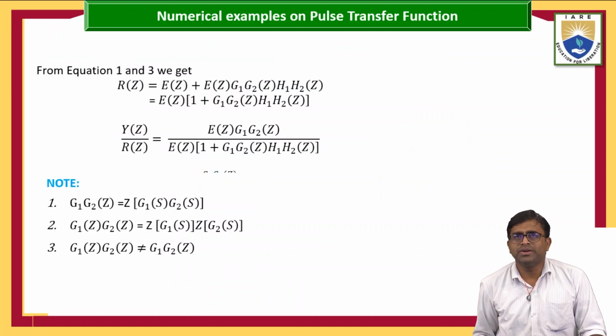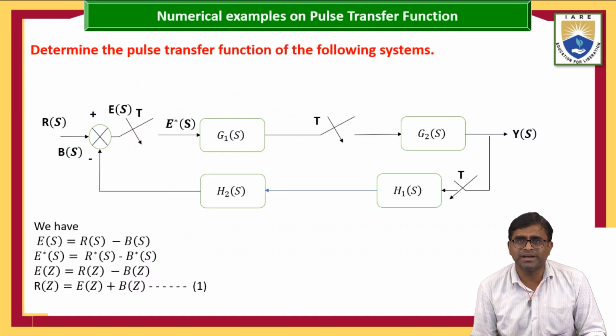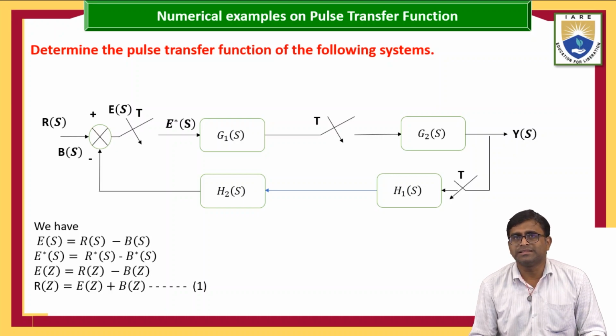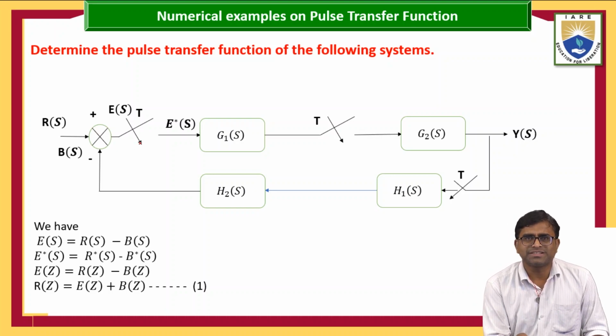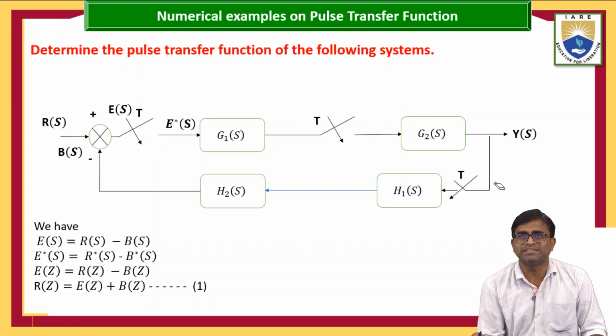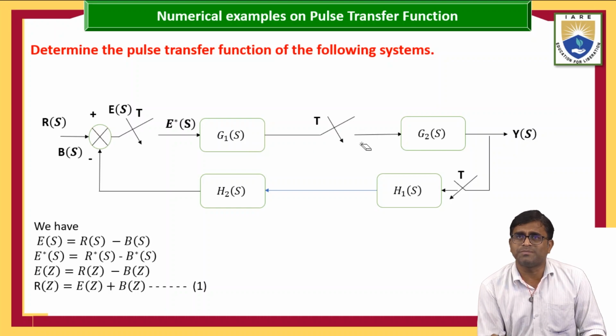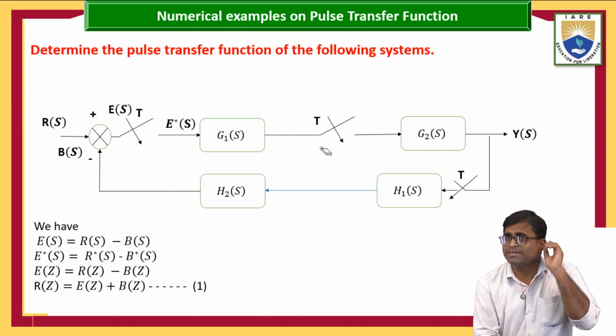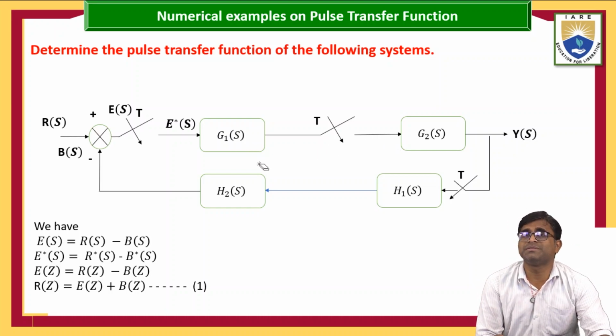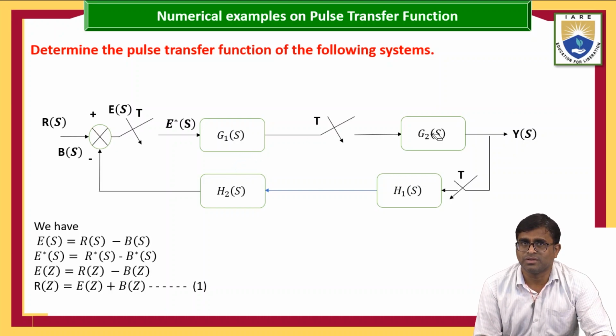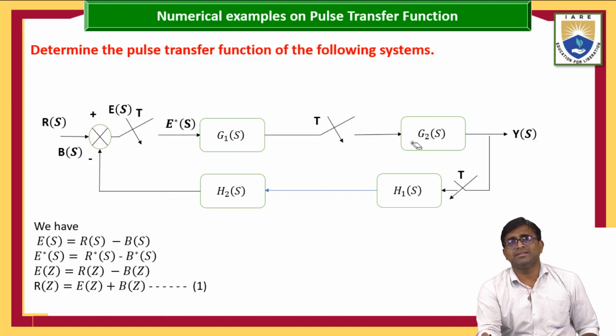Now I am going to apply one more pulse function between the two forward gains, between G1 of S and G2 of S. So what is the output we have to find?